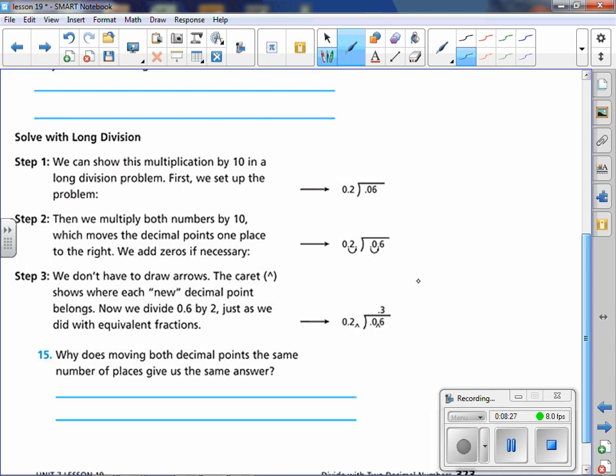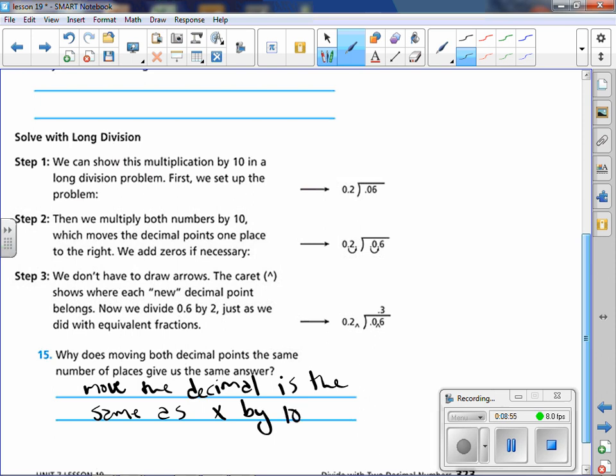Okay, so you're going to move it over 1 point. And again, we still get the same answer because when you move the decimal over 1 spot to the right, it shows that both numbers are multiplied by 10. So moving the decimal is the same as multiplying by 10.